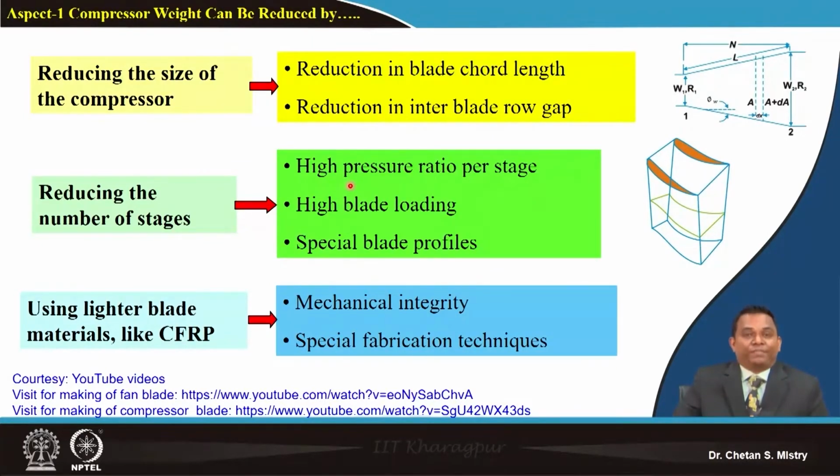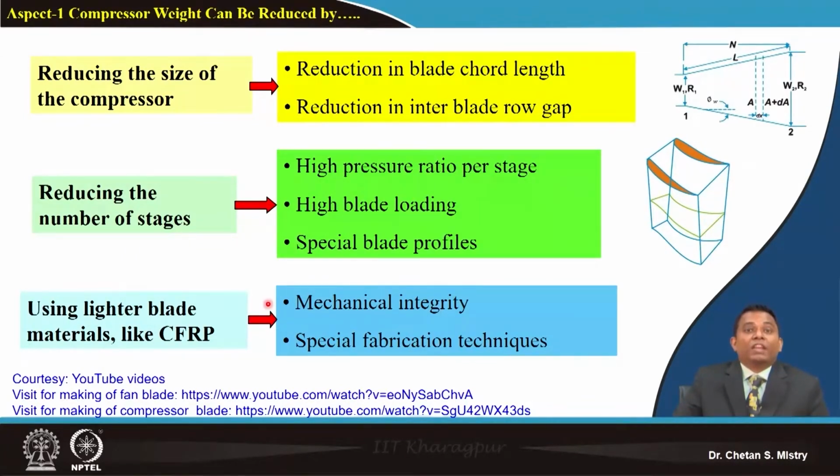Next alternative is to use lighter blade material, like carbon fiber reinforced plastic, which we can use for making fans. Maybe for rotor blades of the compressor we will go with some lightweight material, but at the same time the question of mechanical integrity will come.